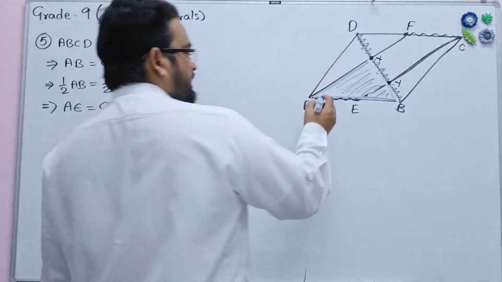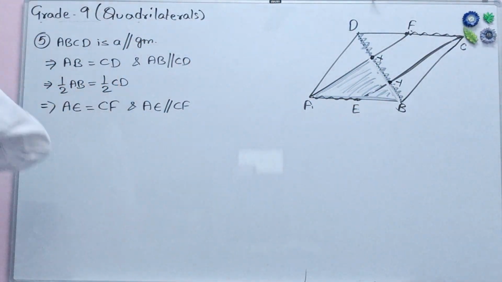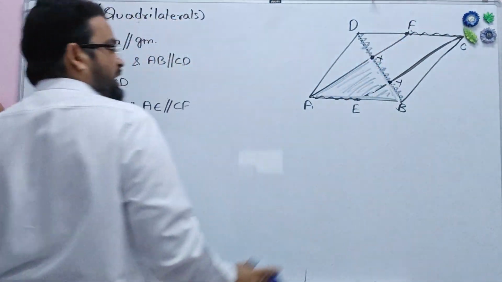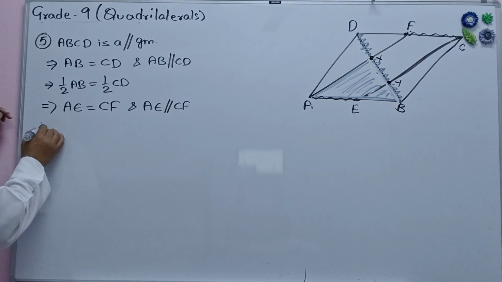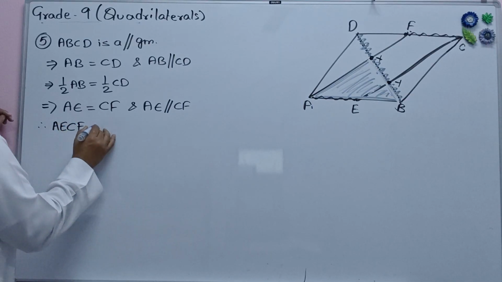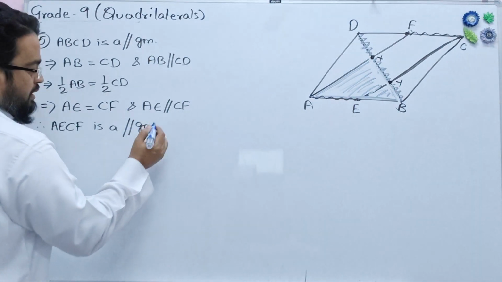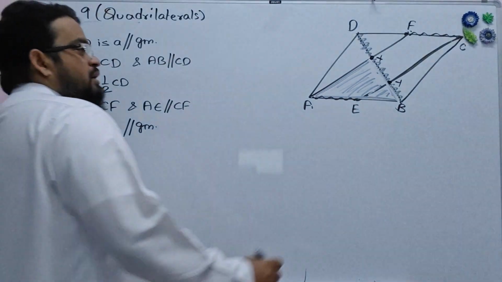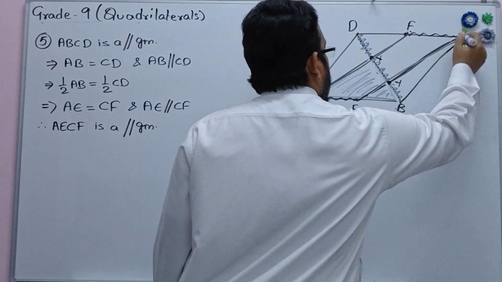Now, what is AECF? It is a quadrilateral. So, in a quadrilateral, if opposite sides are equal and parallel, therefore, what? AECF is a parallelogram. So if AECF is a parallelogram, what do you say about AF and EC?